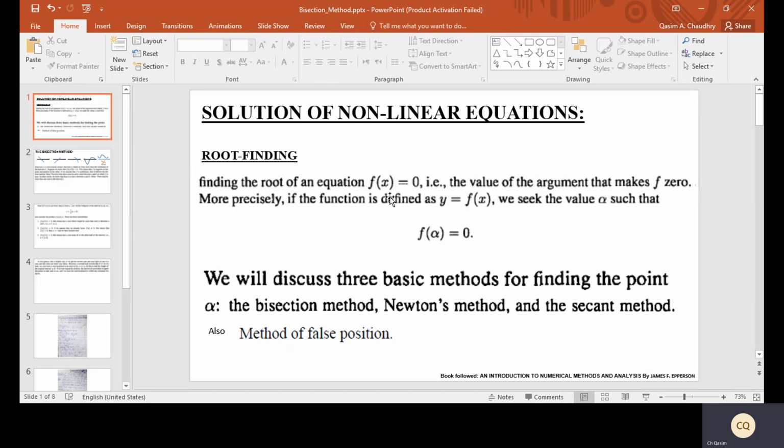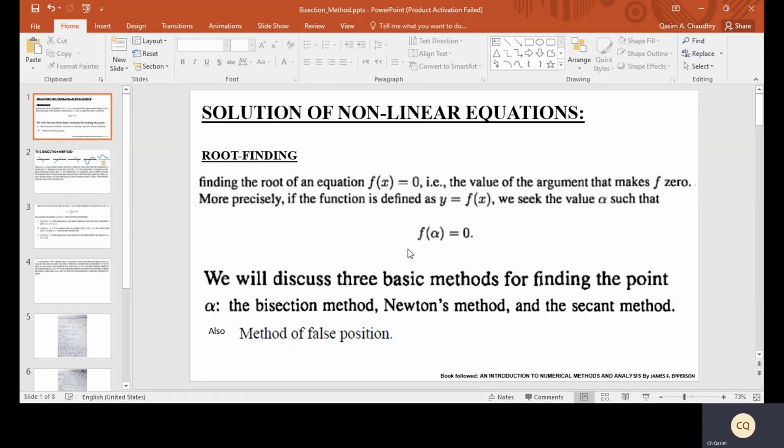Then x is basically the root of that equation. Here x is a general variable, so it does not mean that all the values of x are roots of the equation. In particular, for example, x has the value, say, alpha. Then f of alpha is equal to 0, and that is the solution, or you can say the root of the equation.